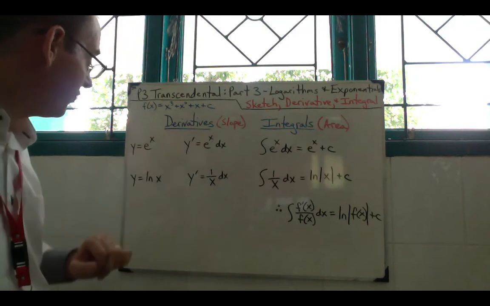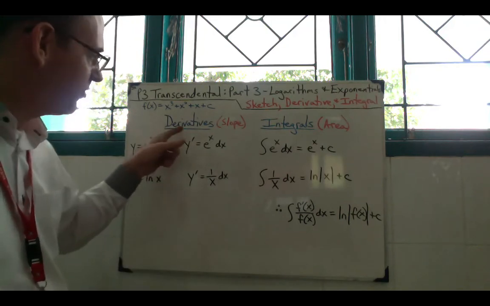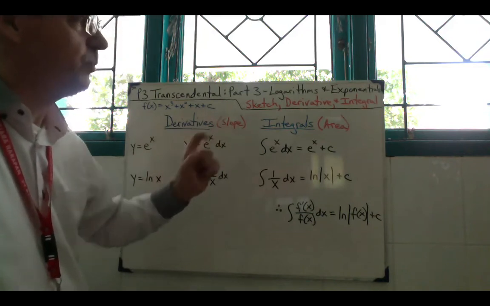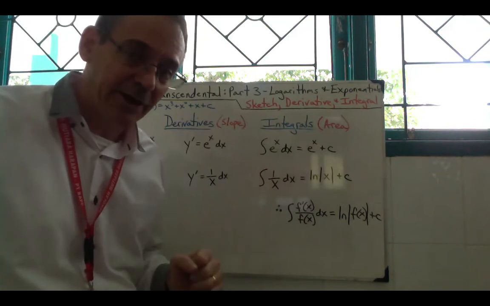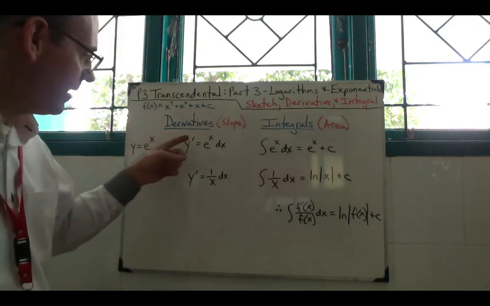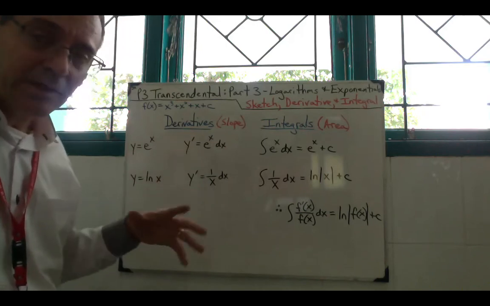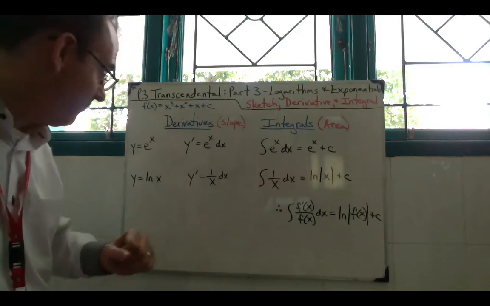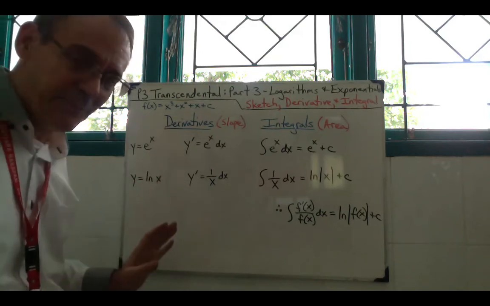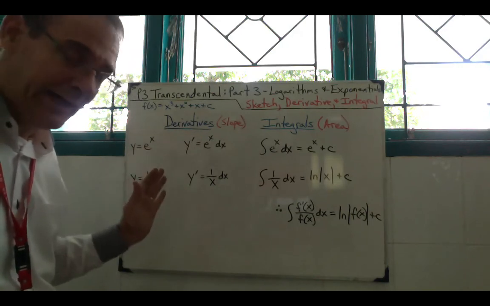So with y equals e to the x, remember, derivatives represent slope and the main application of integrals is area. Again, we use y prime and sometimes dy/dx. You need to know when to use differentials and when you don't have to. I'm just putting y prime right now to show that we've taken the derivative of y.